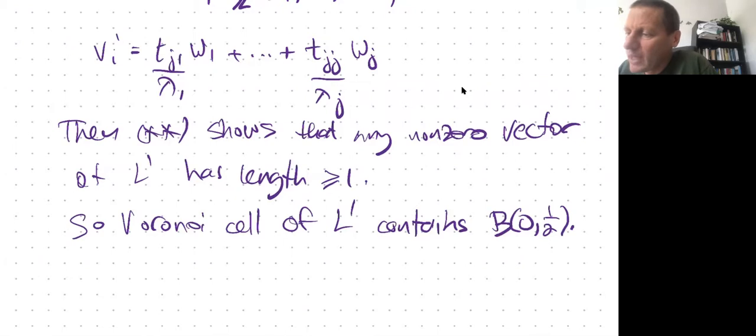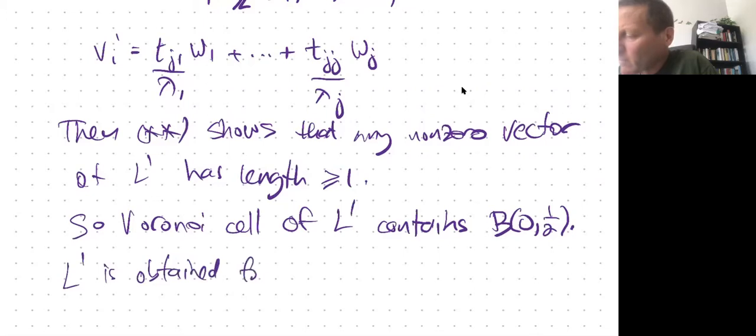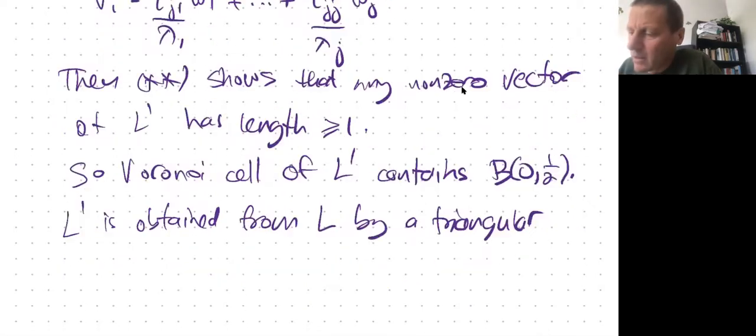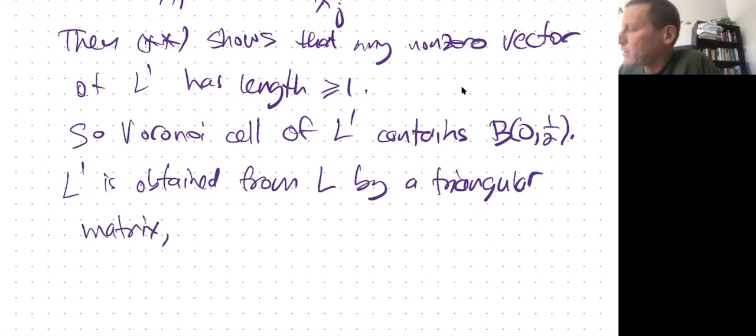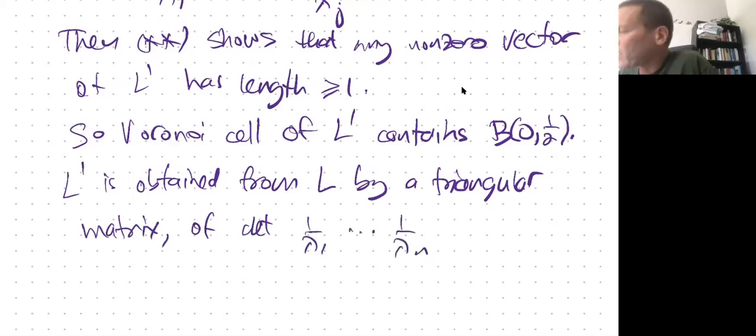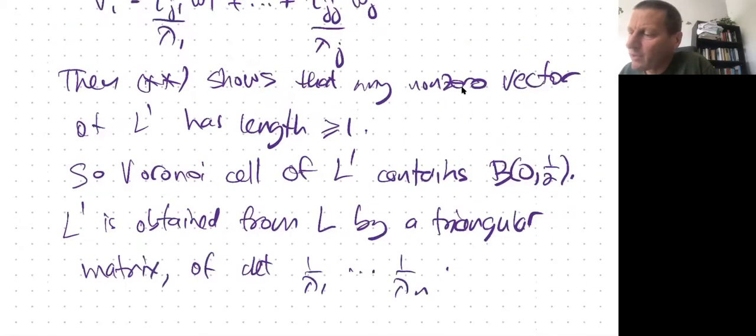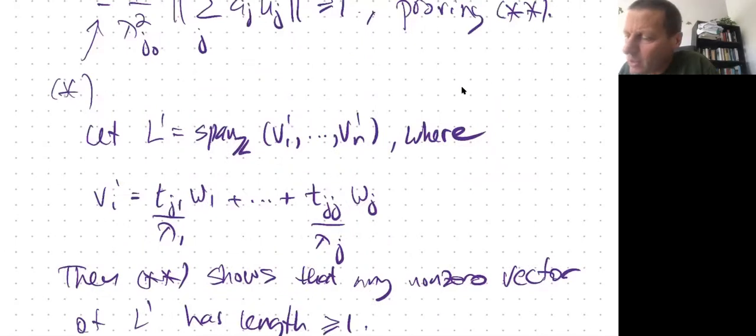On the other hand, L prime is obtained from our lattice L by a triangular matrix of determinant 1 over lambda 1 up to 1 over lambda n. And this formula here for the lambda i's says that this linear transformation that maps the Wi's to the Vi's is triangular.